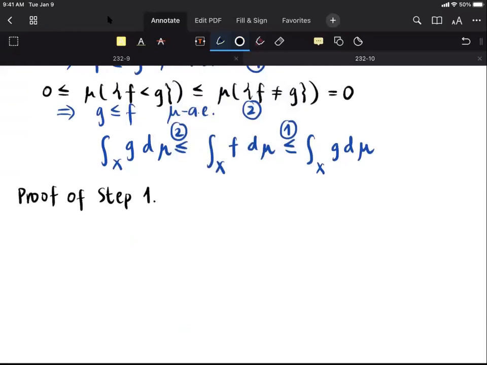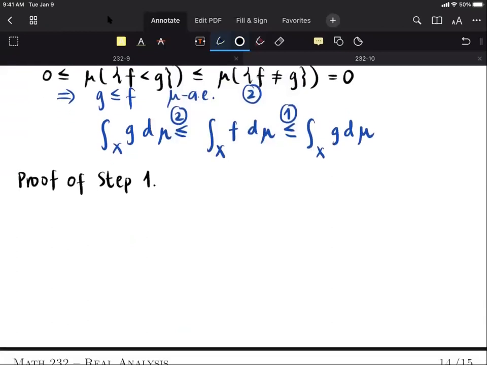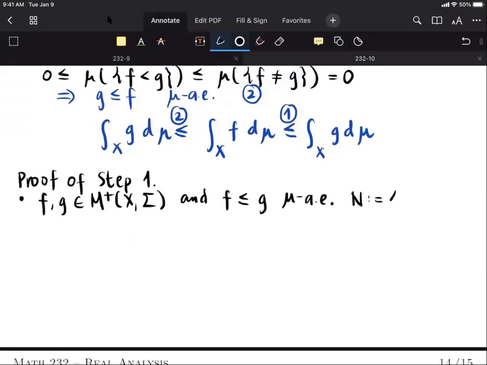For this, we consider two cases. First, let us suppose that the two functions are non-negative and measurable, and f is less than or equal to g mu almost everywhere. Let us define, for simplicity, the set N where f is greater than g.